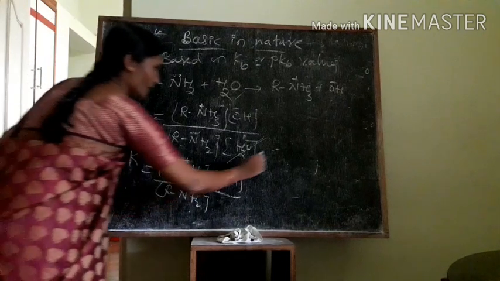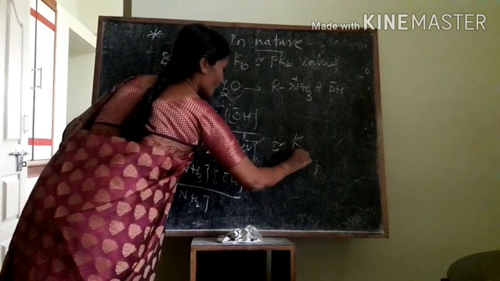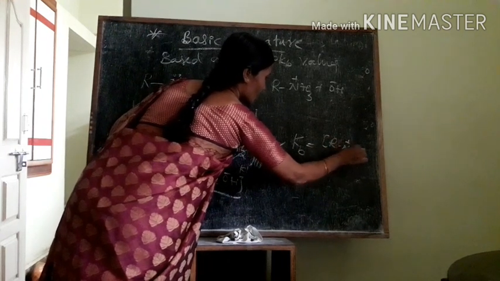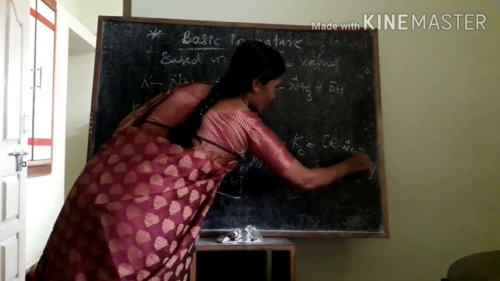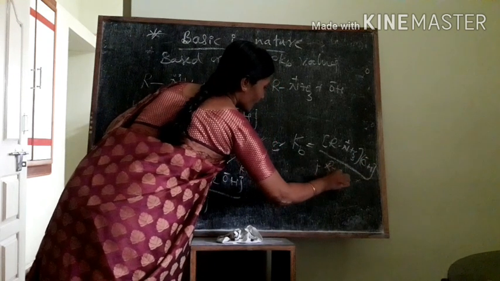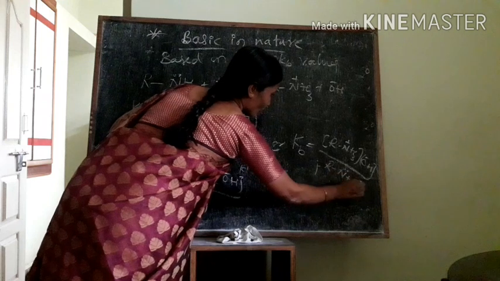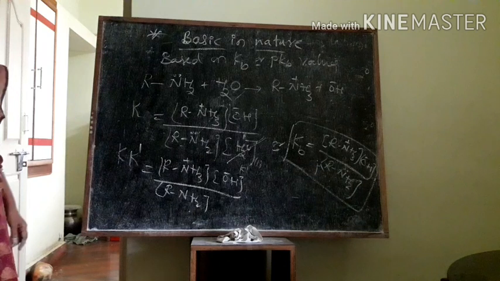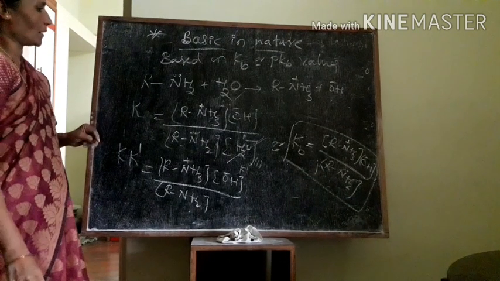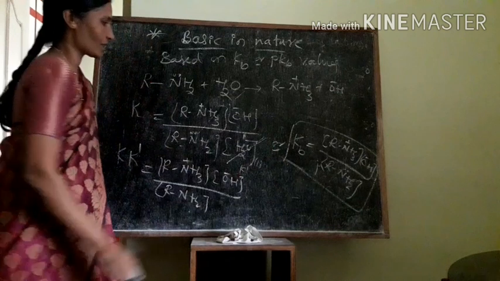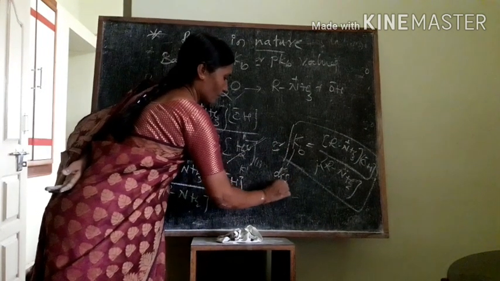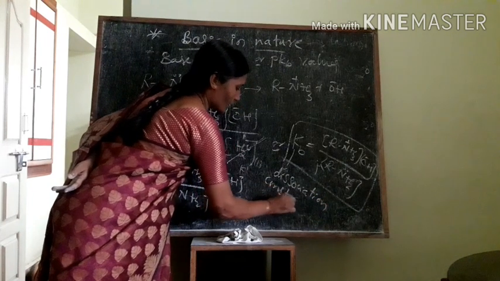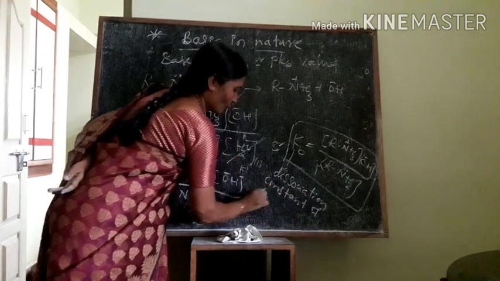Or you can say K dash is nothing but Kb, equal to RNH3+ and OH- divided by RNH2, the lone pair of electrons. By using this relation, we measure the value of Kb by experiment. Kb indicates the dissociation constant of the base.